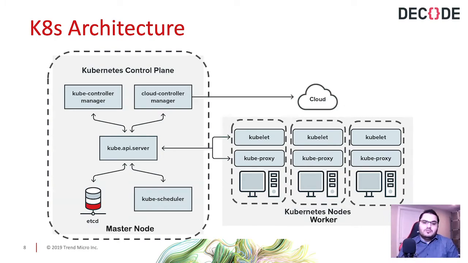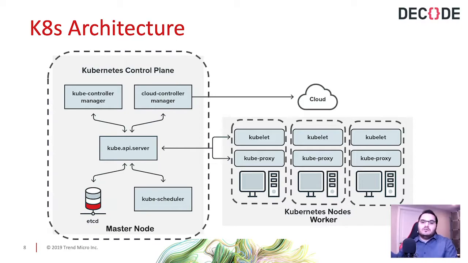You have the kube controller manager, right? Which is responsible for many internal tasks, like noticing when a node is not responding, maintaining the correct number of pods that is required for a specific application, stuff like that. And you have the kube scheduler, which decides where to execute the pods.